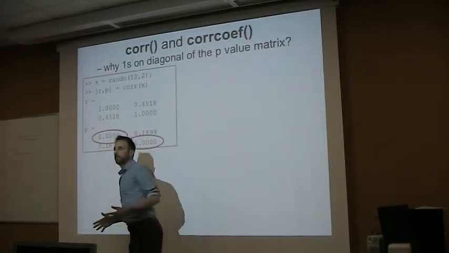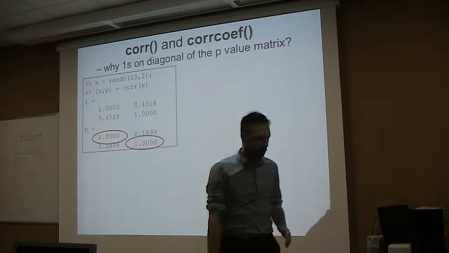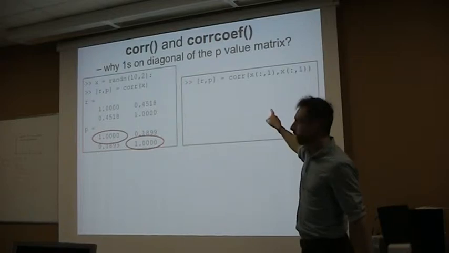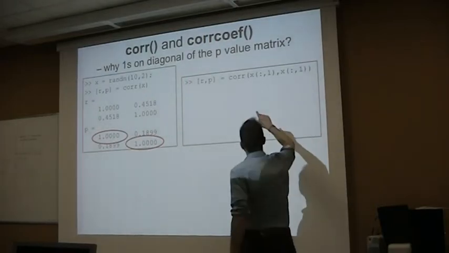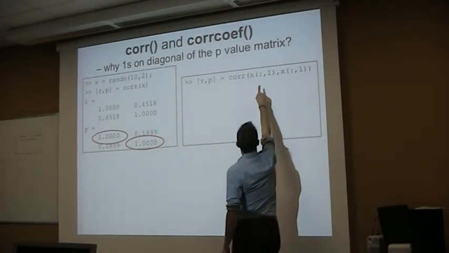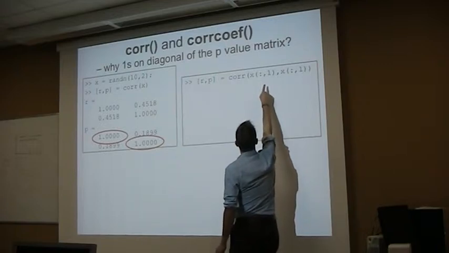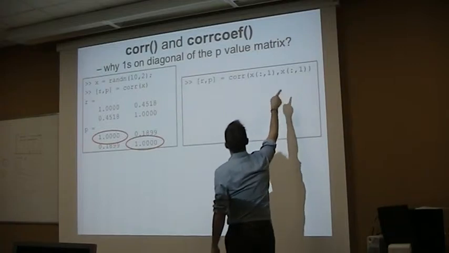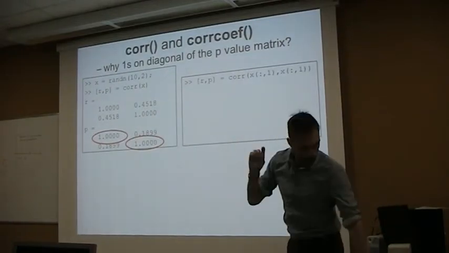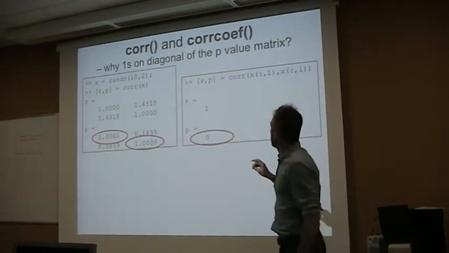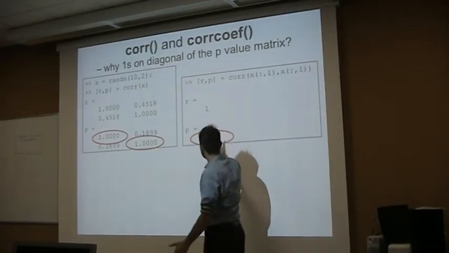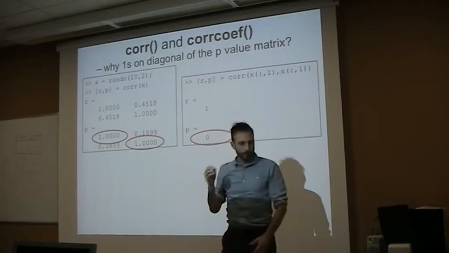So the p-value should be 0, not 1. It took me a while, but I found out if you put the same column of x, which is 10 rows long, twice, you correlate with itself. Now you get obviously a perfect correlation, and now all of a sudden the p-value is 0 as it should be.